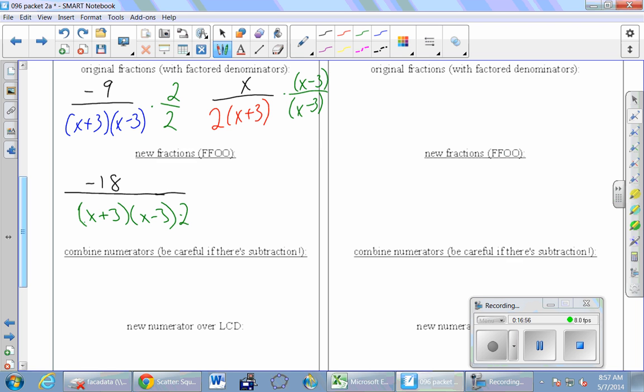Okay, and then the other numerator, what do I have to do up here? The x and the x minus 3, got to distribute. So that becomes x squared minus 3x.